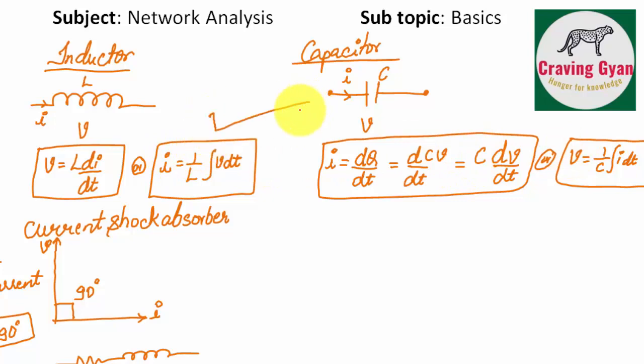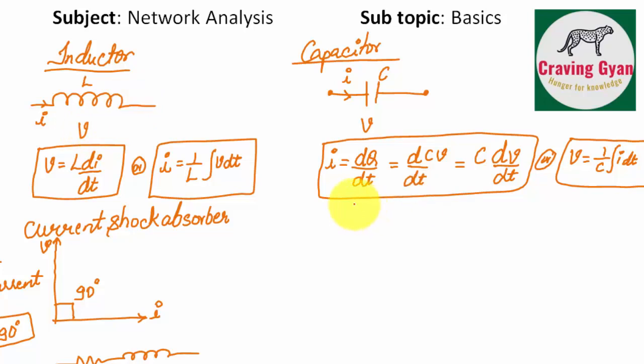This expression and this expression are similar. Anyway, we are masters in differentiation and integration. Only remember V equals L into di by dt. If you want the current expression, apply integration on both sides. If our memory is something like Ghajini memory, we have to follow this method only.